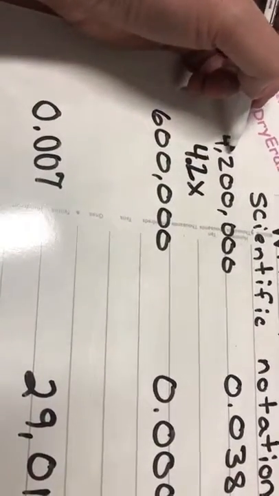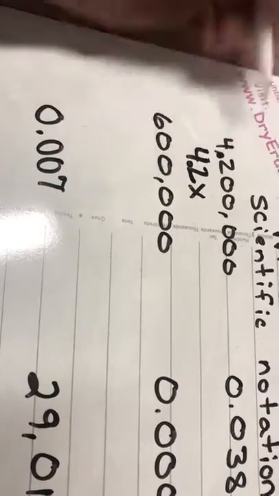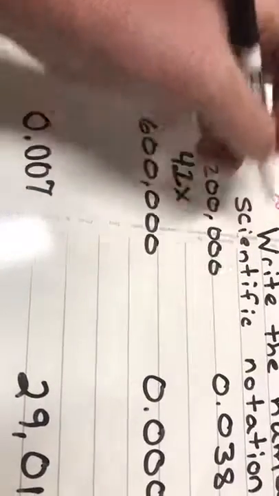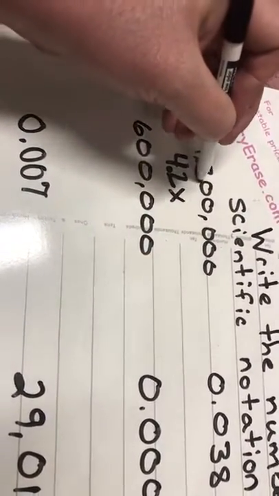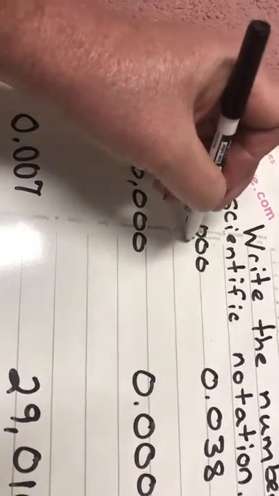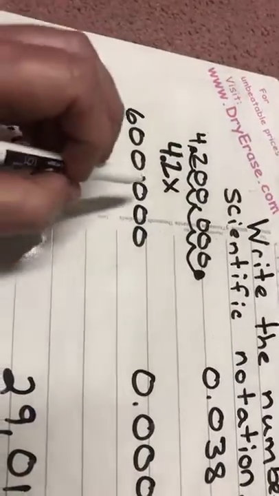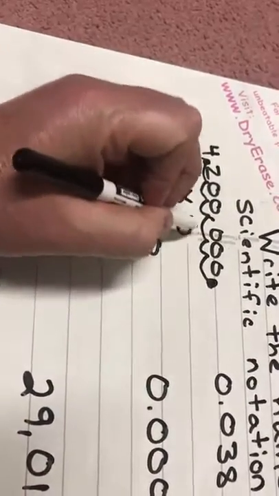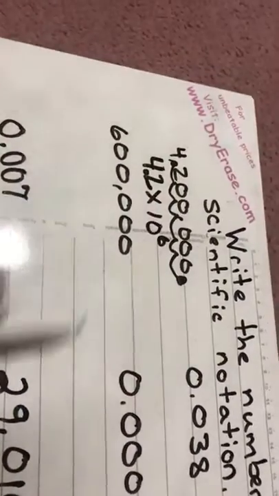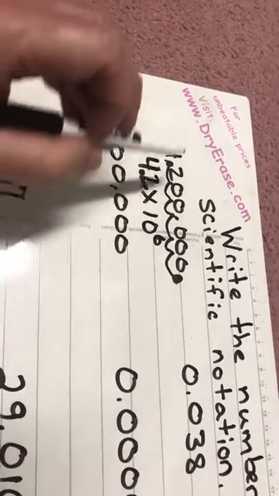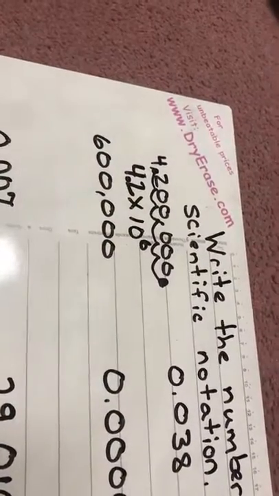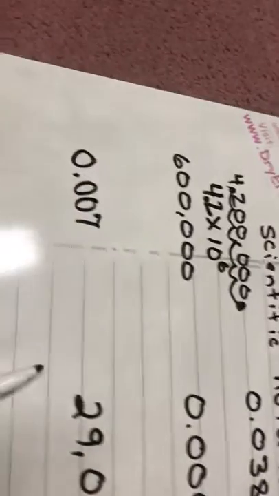Well, if I'm putting my decimal right here, and it needs to come all the way out to here, I'm moving it once, twice, 3, 4, 5, 6 places. That means that it's 4.2 times 10 to the power of 6. And it's a positive 6 because I'm moving it out 6 places to the right.